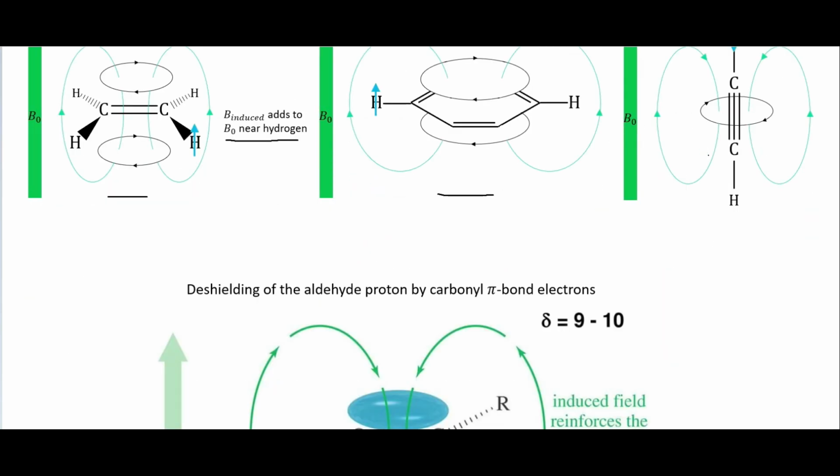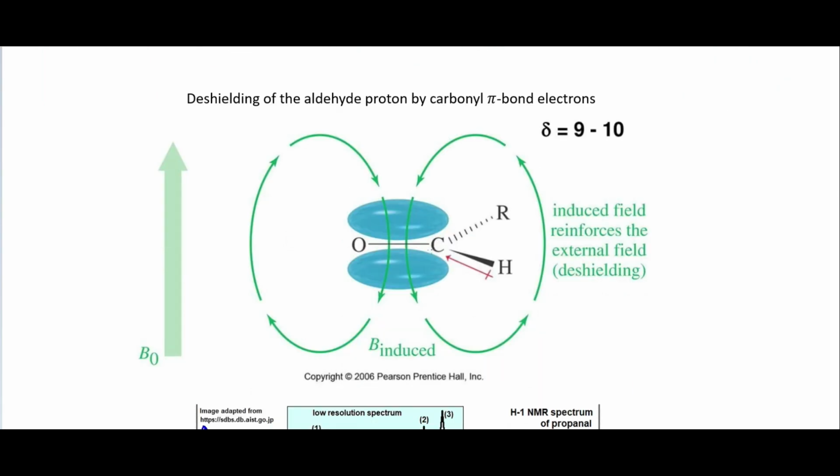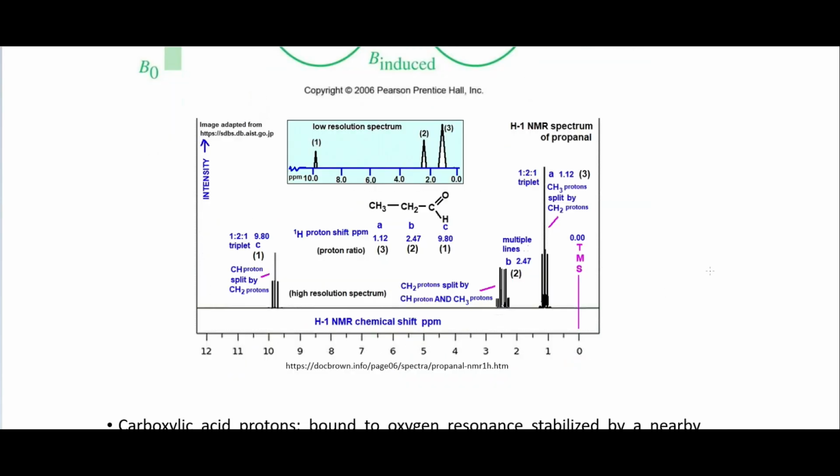We see a similar effect to this over here when we are looking at an aldehyde. So this carbon and this oxygen are double bonded together, and we get this induced magnetic field that is going to help de-shield our proton right here. And so if we look at this, we see that this proton is actually showing up way over here, and in fact it's showing up at 10.